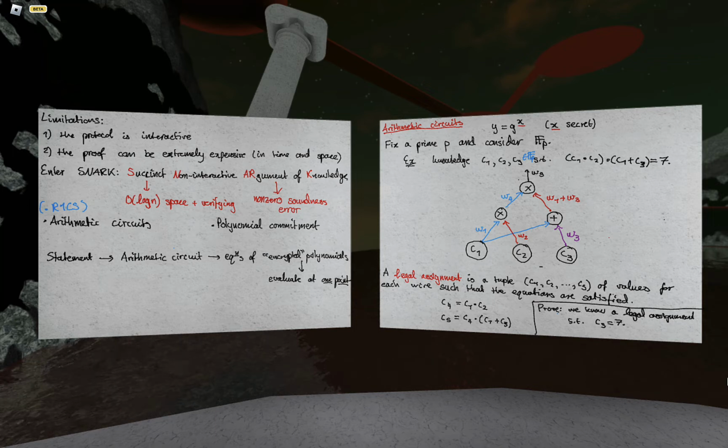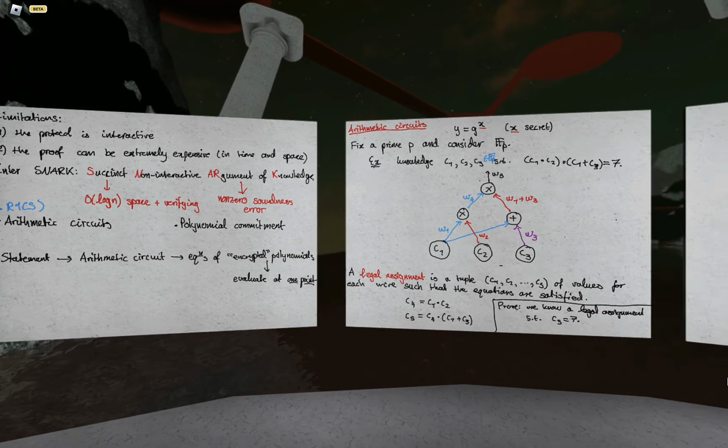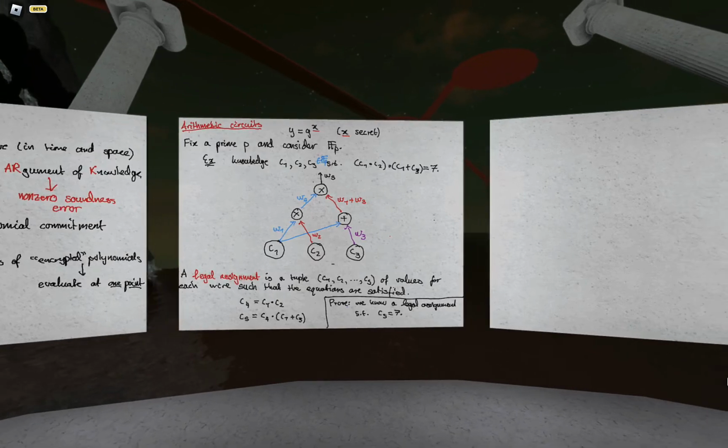Okay, and hopefully you are convinced that if we can do this, then we have indeed proved knowledge of C1, C2, C3 such that this equation holds. Okay, so we've got this nice graph structure, and we know what we're trying to prove. And let's see how we can transform this into some polynomial equations.